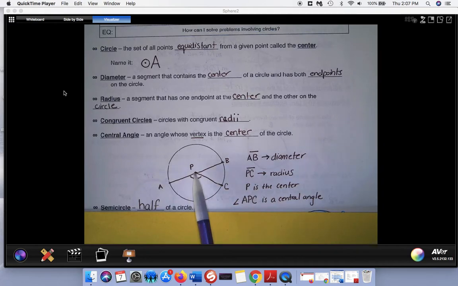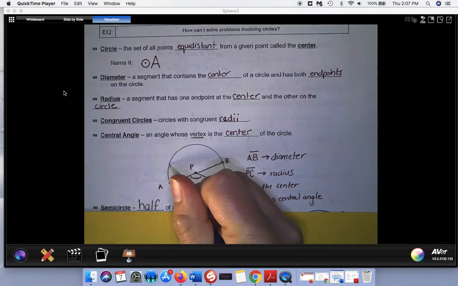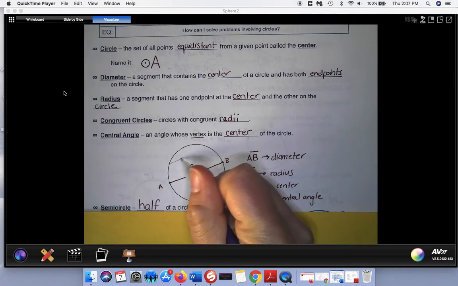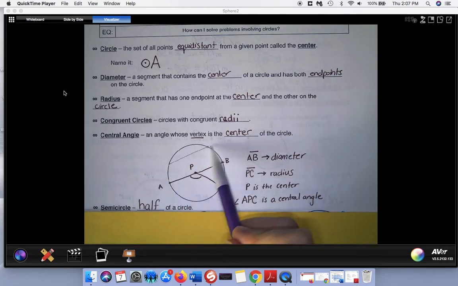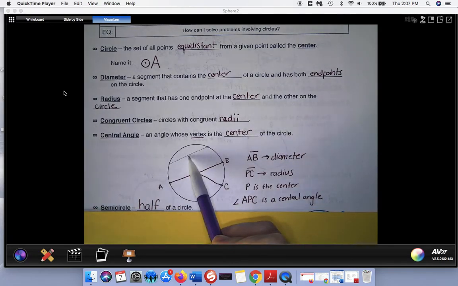There's actually something else that's not mentioned anywhere in these notes, but there are other segments that may be drawn. So I'm going to sketch it here in pencil. Let's say I had a segment from here to here in the circle. All right, this segment has endpoints on the circle, but since this segment does not pass through the center of the circle, it's not a diameter.